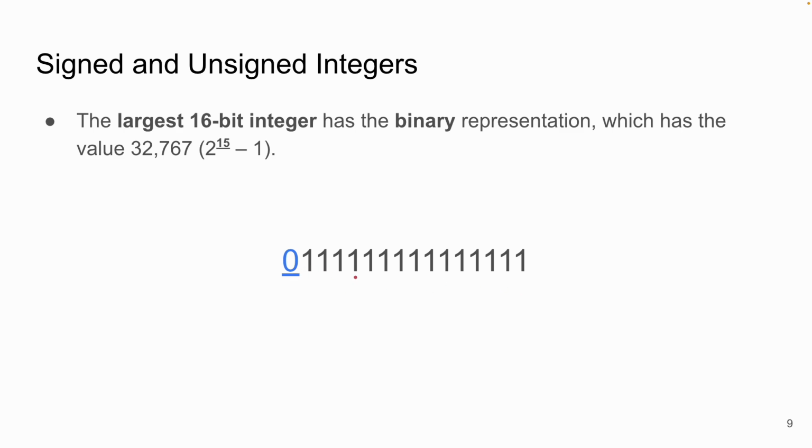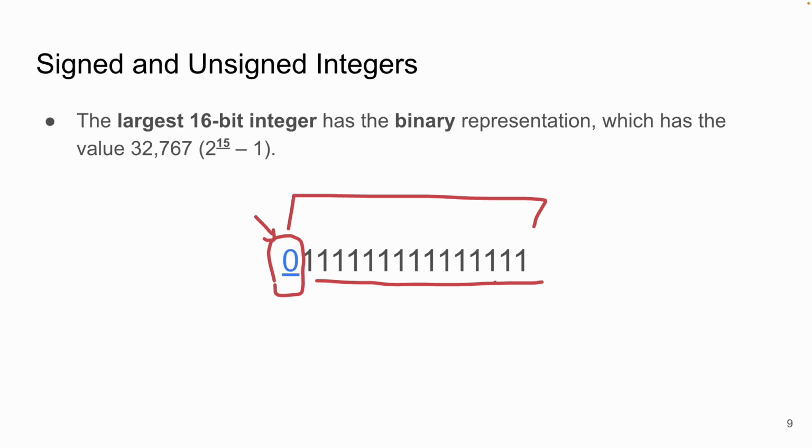Because this is a signed integer, we need to reserve the leftmost bit to be the sign bit, because this sign bit lets us know whether the value is positive or negative. Since we use 16 bits to represent an integer, we have 16 bits here, and one is used for the sign bit. So the remaining 15 bits are used to represent the number of this signed integer.